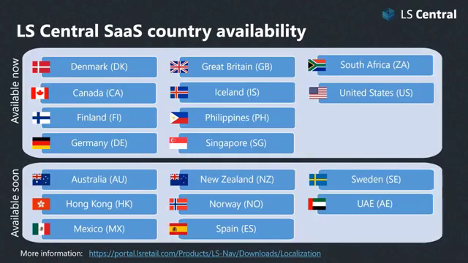LS Central SaaS is available currently in 10 countries. We are working on an additional 8 countries, which will be available in the coming weeks or months. We have plans for other countries going forward.